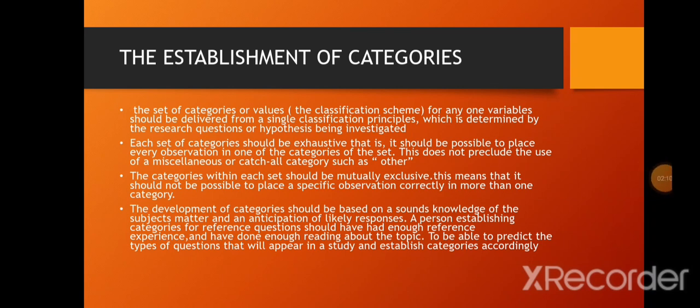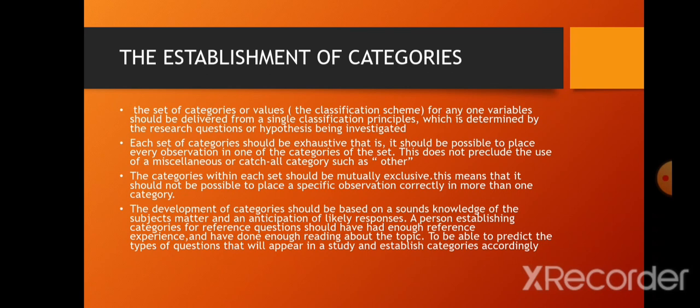The establishment of categories. In establishing categories, four basic rules or guidelines should be followed. The set of categories or values in the classification scheme for any one variable should be derived from a single classification principle, which is determined by the research questions or hypothesis being investigated.